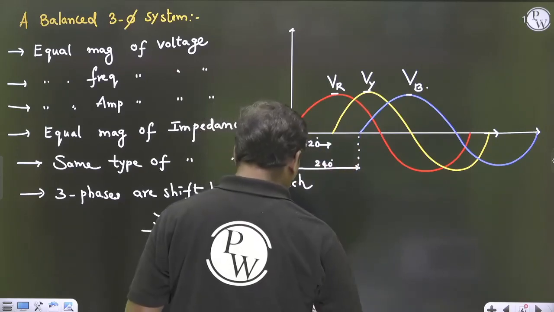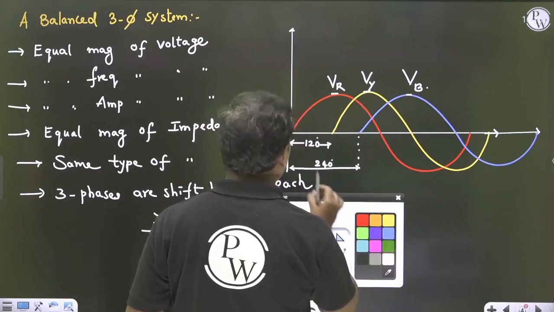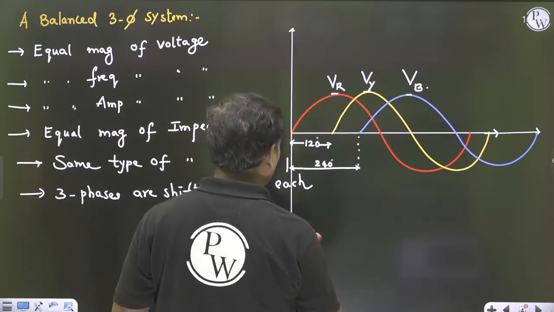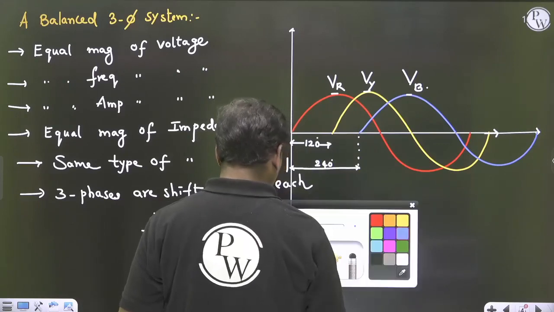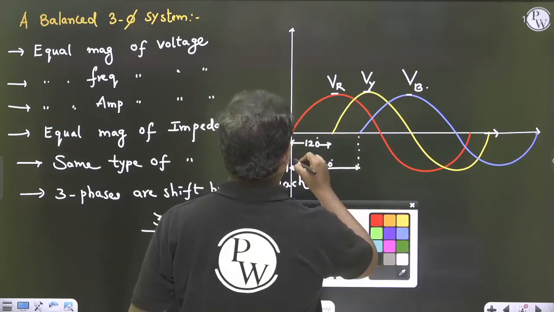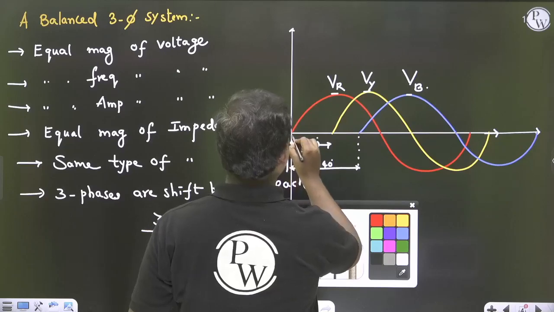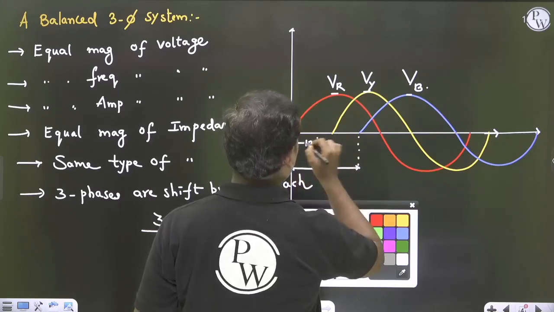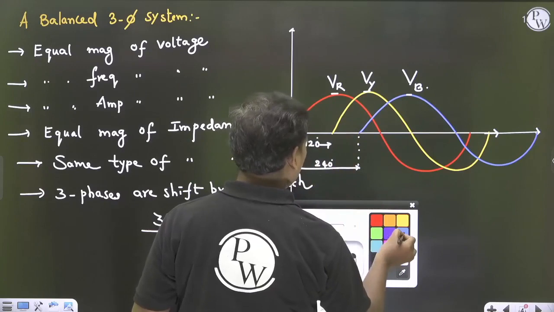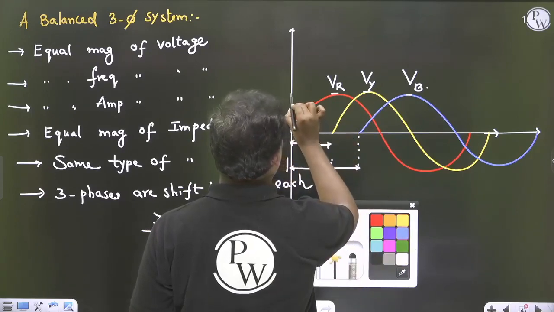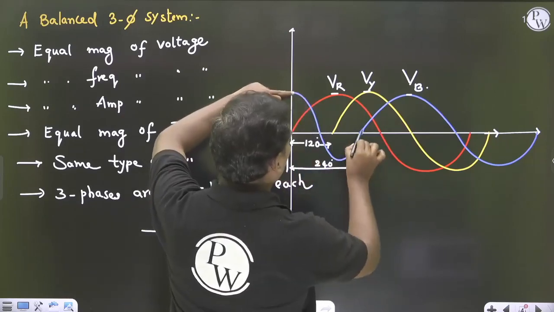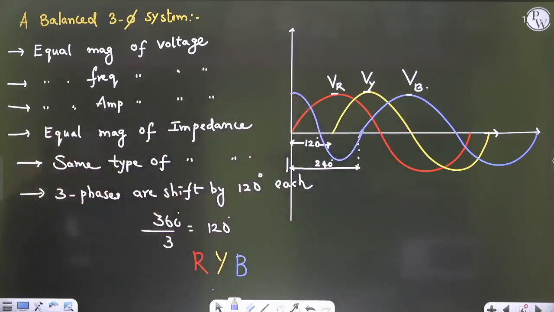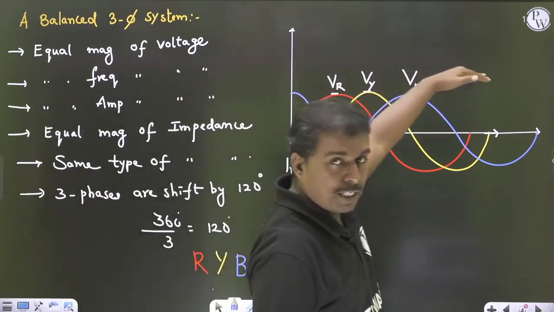For example, if you draw here, so it is leading by 120 degrees. See, that is the wave you have to understand. So VR, VY, VB.